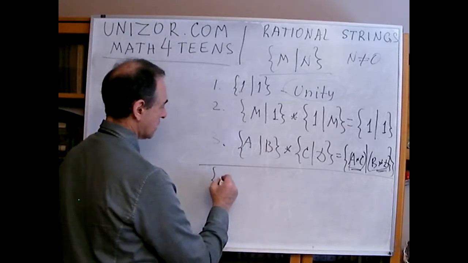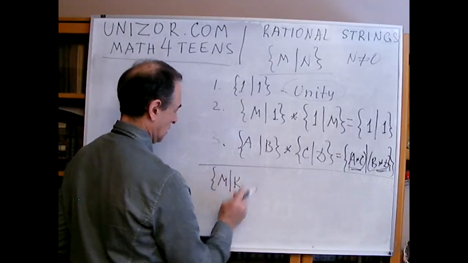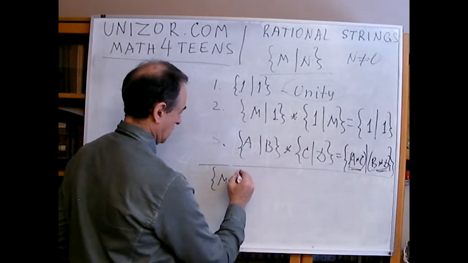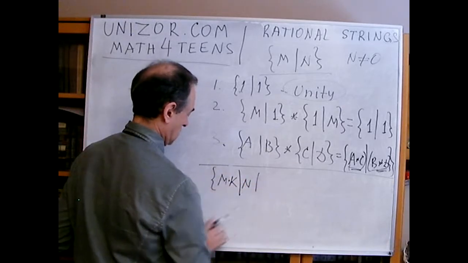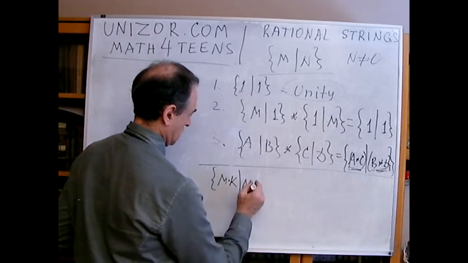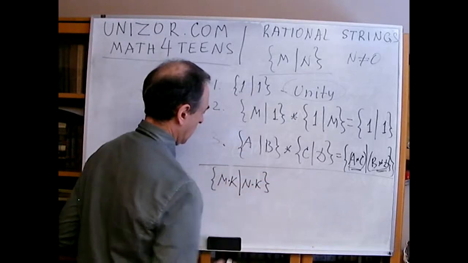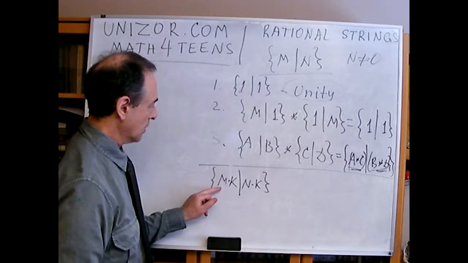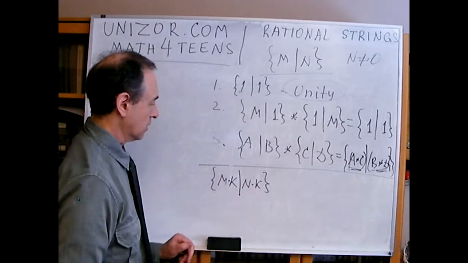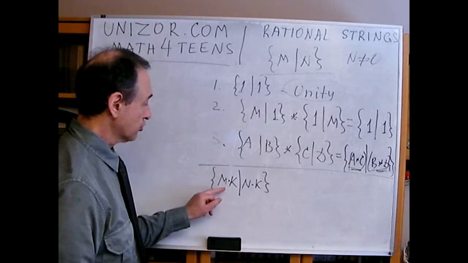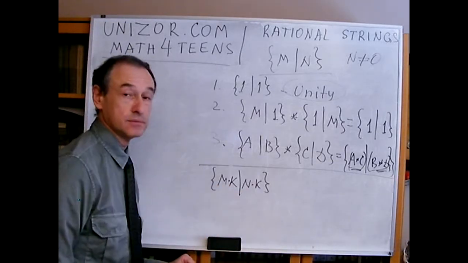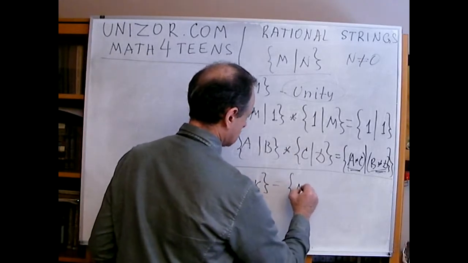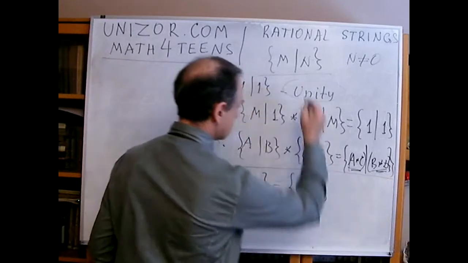Let's assume that there is a common multiplier k, which is included in numerator and denominator. I would like to prove that this is the same as m over n, so that this string is equal to this string, using these rules.